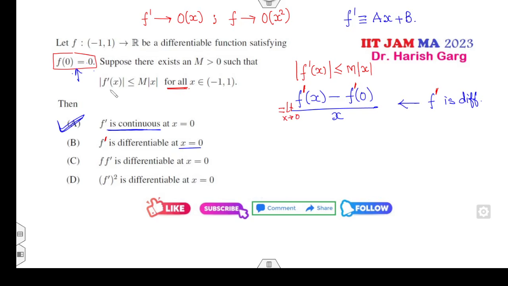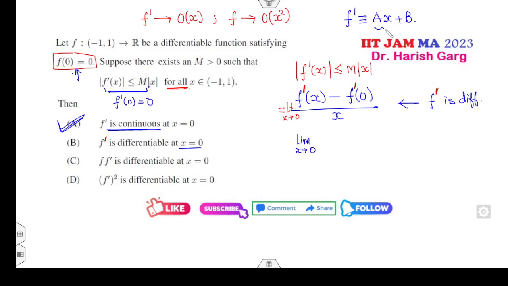Now what is the value of the f dash 0? You can see from here f dash 0 will be 0. Fine. So what is the value of the f dash x? So f dash x will be f dash limit. Fine.